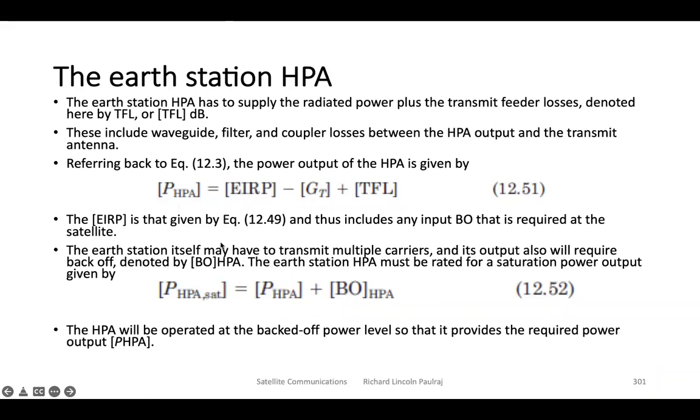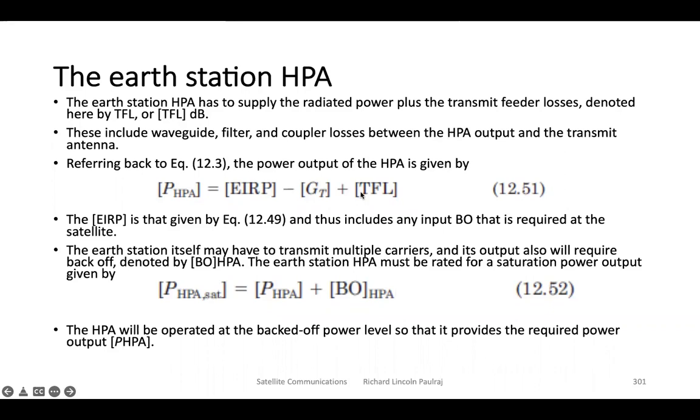The earth station itself may have to transmit multiple carriers, and its output will require backoff, denoted by BO. The earth station HPA must be rated for saturation power output, given by PHPA SAT. The HPA will be operated at the backed-off power level so that it provides the required power.